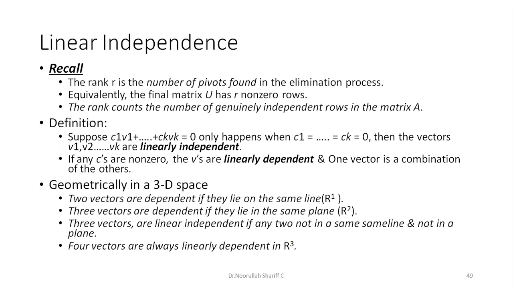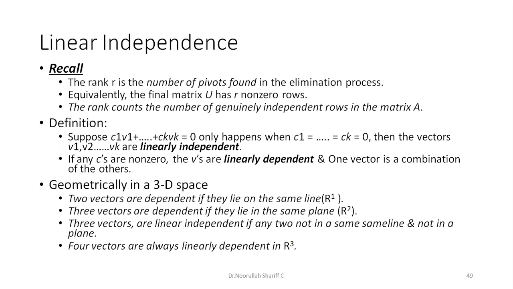In that case, if any of the C's are non-zero and still we are able to get a value of 0 in C1 V1 plus C2 V2 plus Ck Vk, then it will be linearly dependent. And in that case, one of the vectors V1, V2, Vk will be a combination of the others.